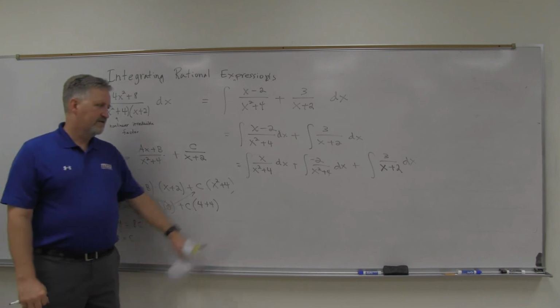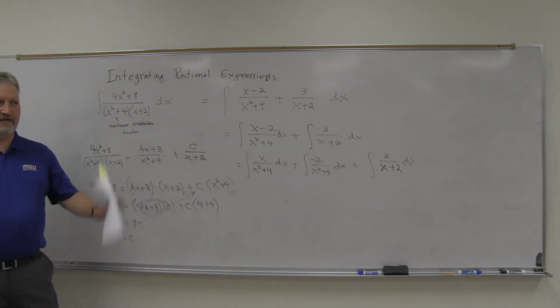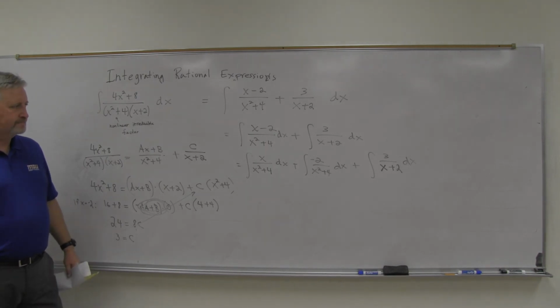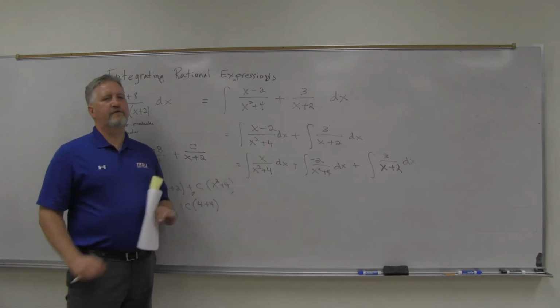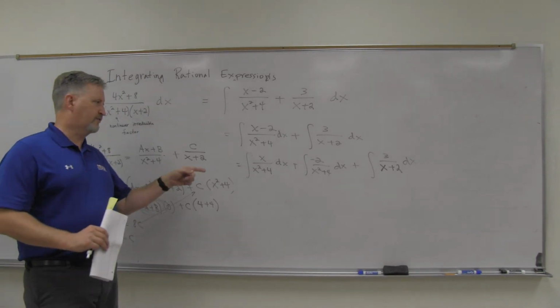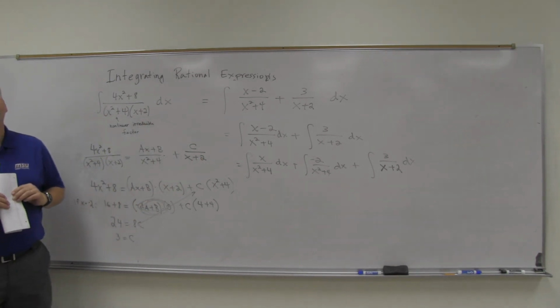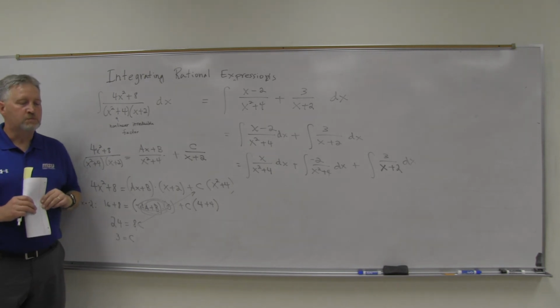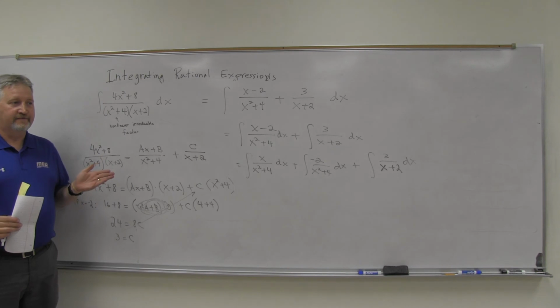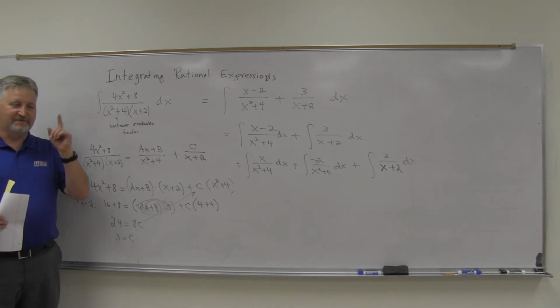First one's probably the most complicated of the bunch. But do you see how the first one's going to work? I've got an x squared on the bottom and an x on the top. First thing you should always think about is u-substitution.